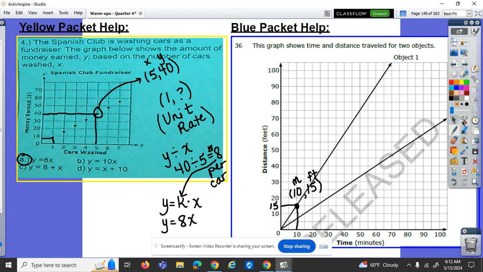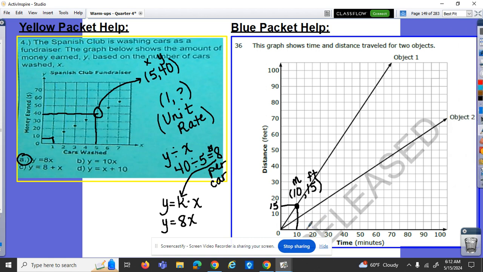And a good dot for this one would be kind of its opposite, I guess, right here. So here would be 15 and 10. So that means 15 minutes and 10 feet.